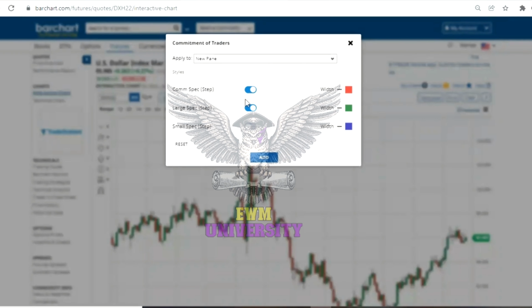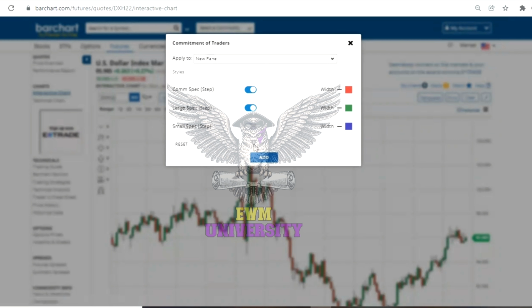And then these settings are going to pop up, and you're going to make sure you select small speculators off, so that only commercial speculators and large speculators are populated. For the sake of this demonstration, commercial speculators will be notated in red and large speculators will be notated in green.